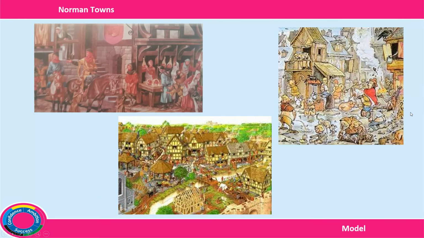So towns in general during this period are dirty places. We've got open drains, overflowing cesspits, which polluted drinking water. Some towns do have public baths where people bathe together in large wooden tubs, but this isn't that common. No one expects the local authority to organise the removal of rubbish, so there is rubbish everywhere.